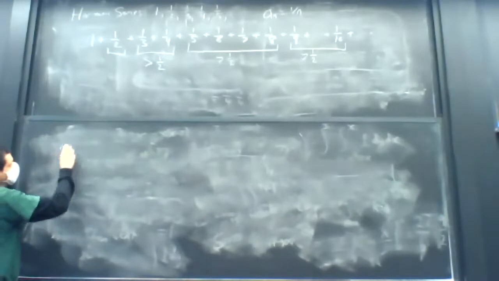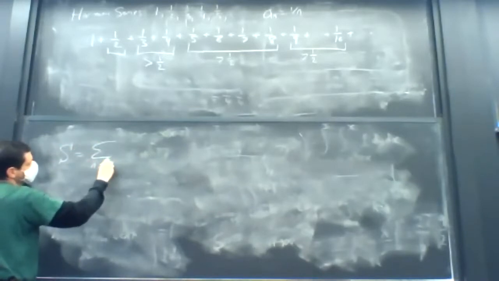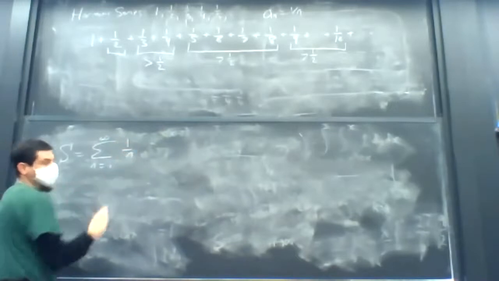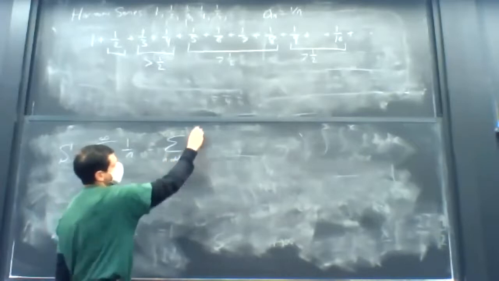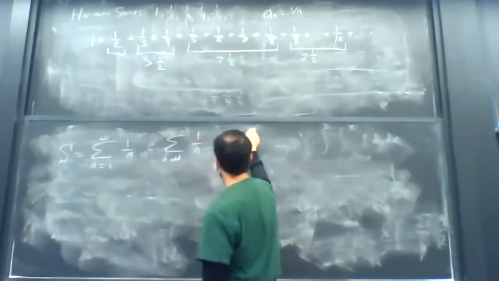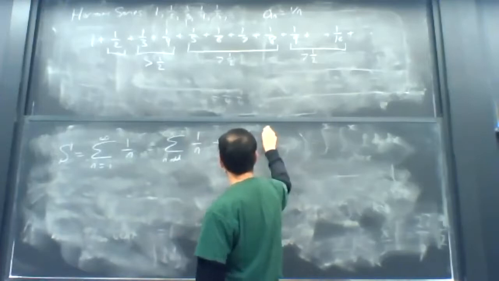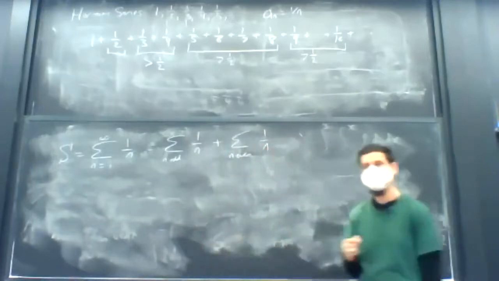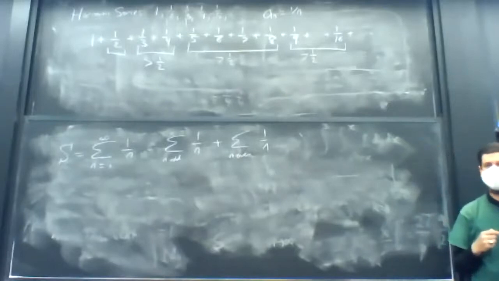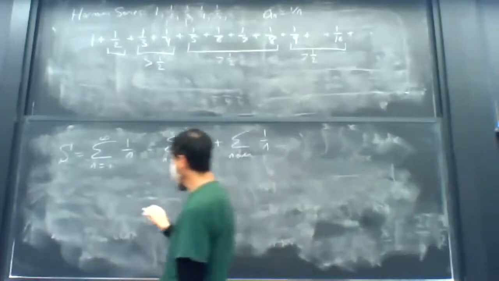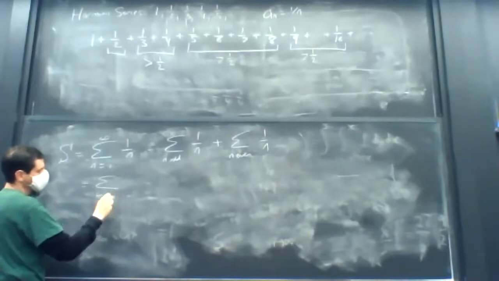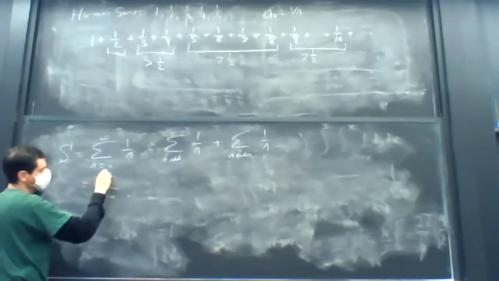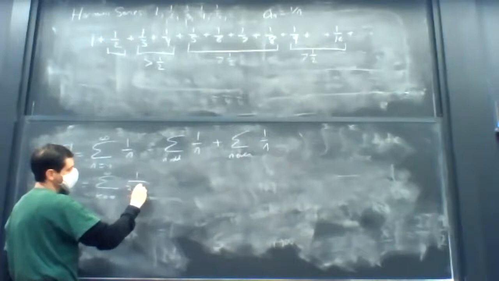So let's let S be the sum from n equals 1 to infinity of 1 over n, which is the same as the sum over n odd of 1 over n, plus the sum over n even of 1 over n. This is a nice trick, breaking things into the evens and the odds. So I can write this as a sum, k goes from 0 to infinity, 1 over 2k plus 1.